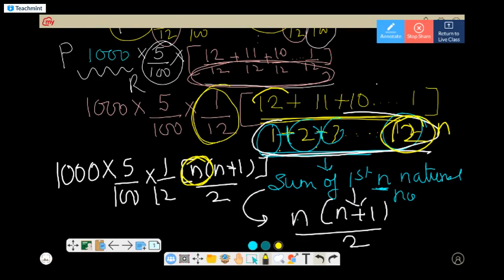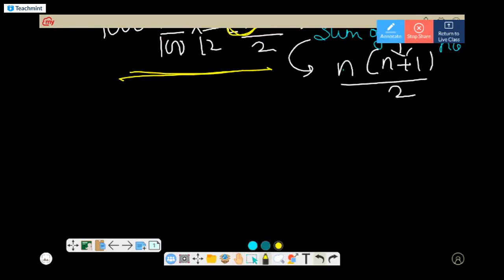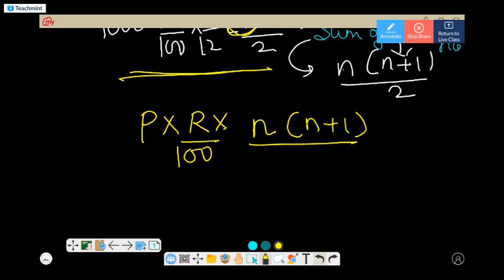So that's how the formula has been derived, and your formula is P into R into, and R always has that 100, R upon 100, and that is multiplied with your time period that has been taken common. So that common is n plus 1 by 2, and there is a 12 also common, which goes in the denominator.